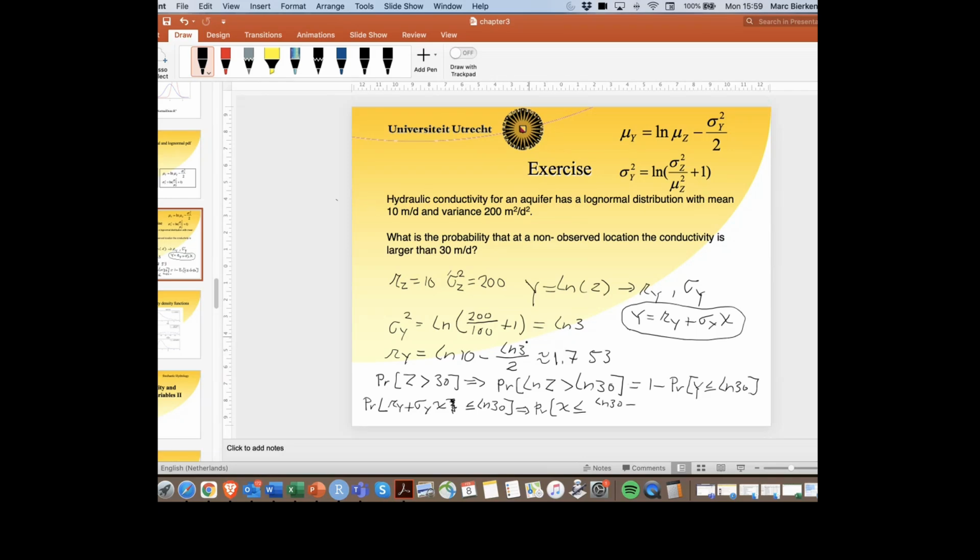That is 1.753 divided by the sigma. Well, the variance is ln 3, so that's the square root of ln 3.